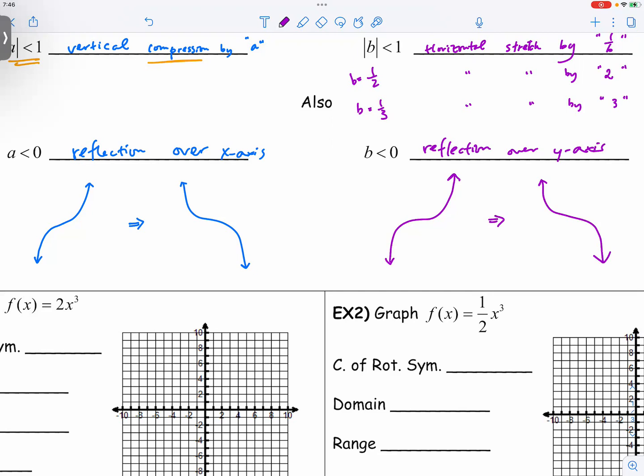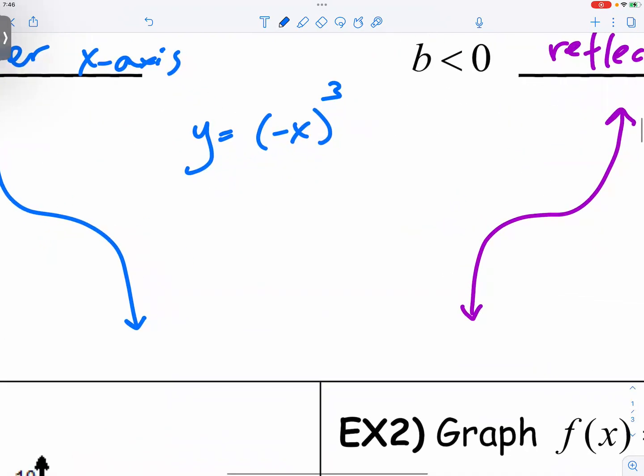So here's how it works. Now think about this. Think of this example. If we start from here, what does the cube mean again? The actual meaning of cube is to multiply itself 3 times, right? So we say, well, okay, let's go ahead and actually multiply negative x 3 times. What is it going to be?